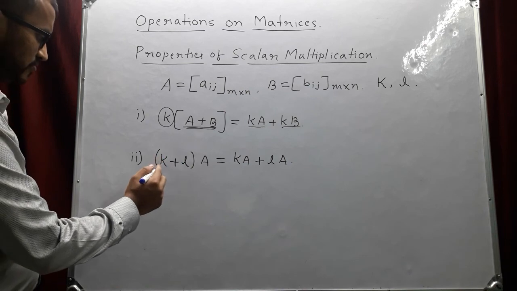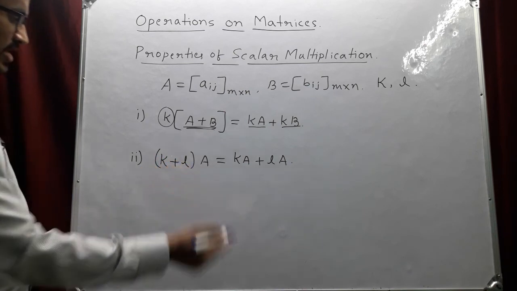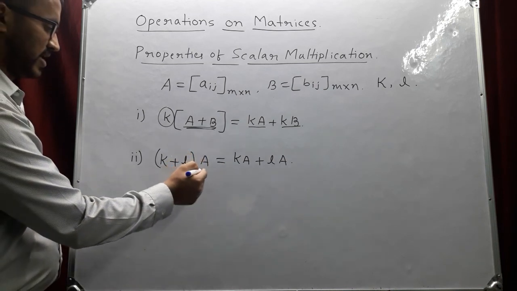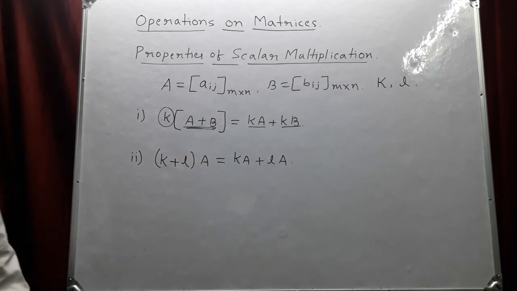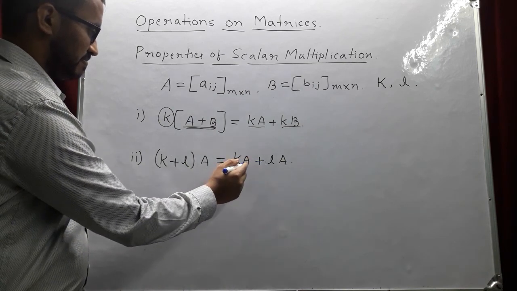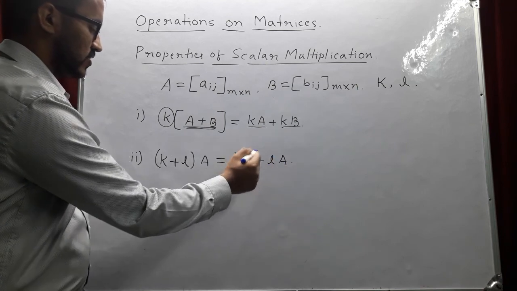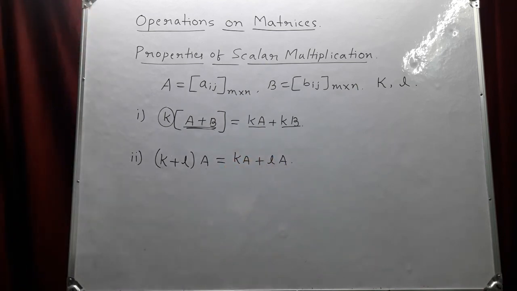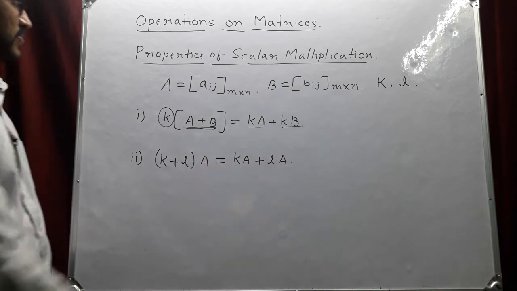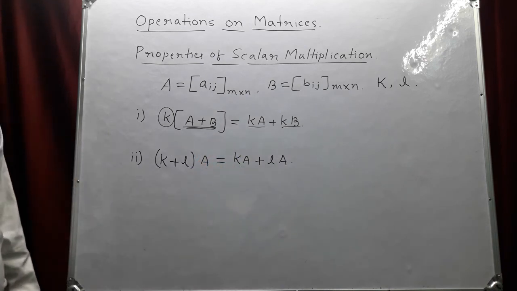Second property, if you first add any two scalar quantities and then multiply that with matrix A, that is the same as multiplying the matrix A by k as well as A by l, and then taking the sum. These two values will be the same. So these are the properties of scalar multiplication.